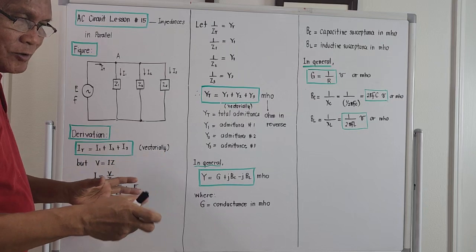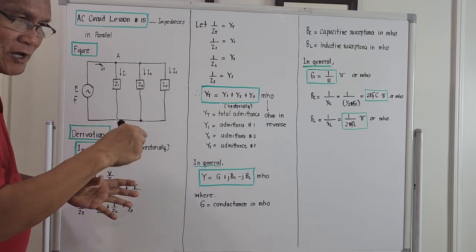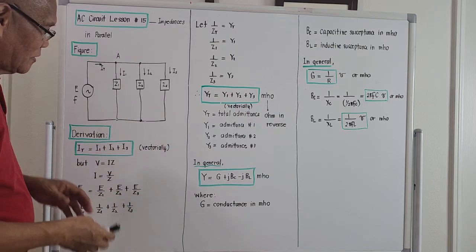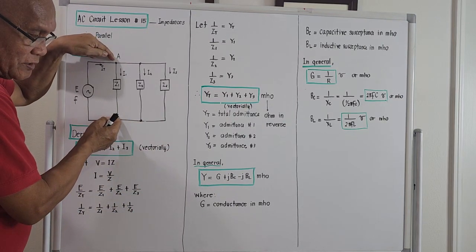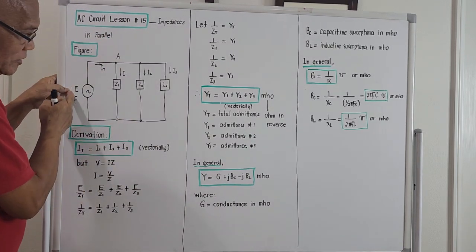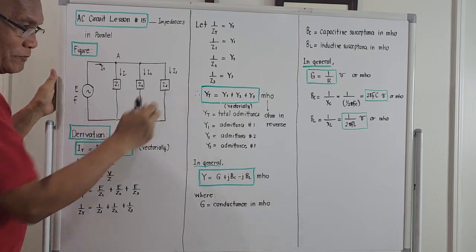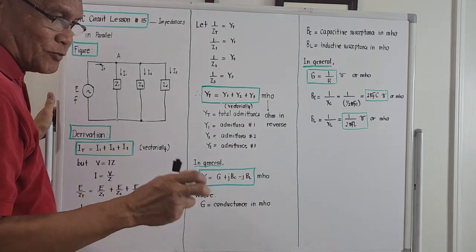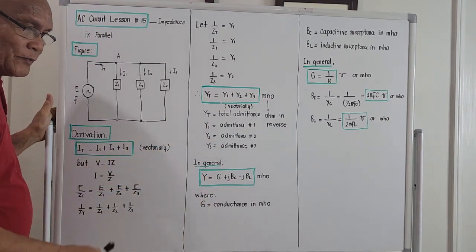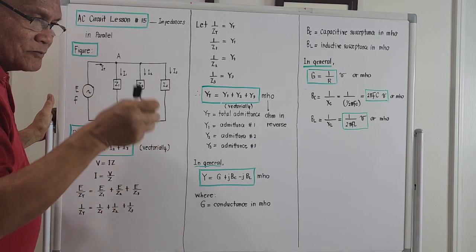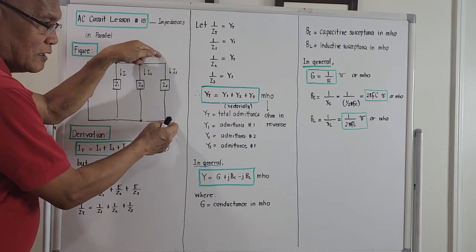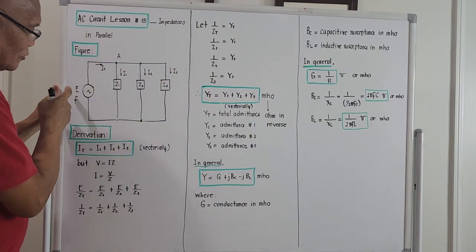Under the so-called series impedances, the current is common, but under parallel impedances, the voltage across the individual impedance is actually equal to E, and that is common for all of them. So the difference between series and parallel is that under series impedances, the current is common, and under parallel impedances, the voltage is common, meaning the voltage across each impedance are all equal, and this is equal to the applied voltage.